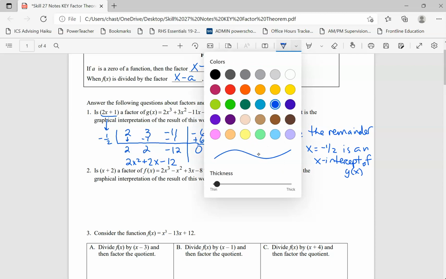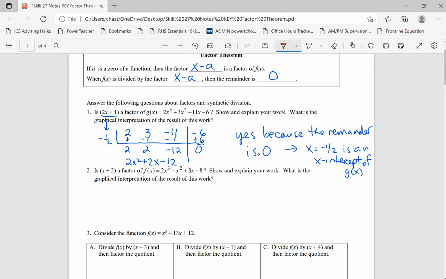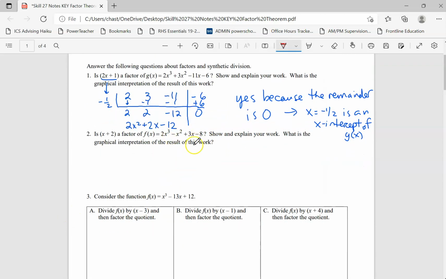Okay, let's try another one. Let me switch colors here. Is x plus 2 a factor of this polynomial? So again, we're going to put negative 2 on the outside. And looking at my polynomial, I have 2, negative 1, 3, and negative 8. Bring down the 2. 2 times negative 2 is negative 4.